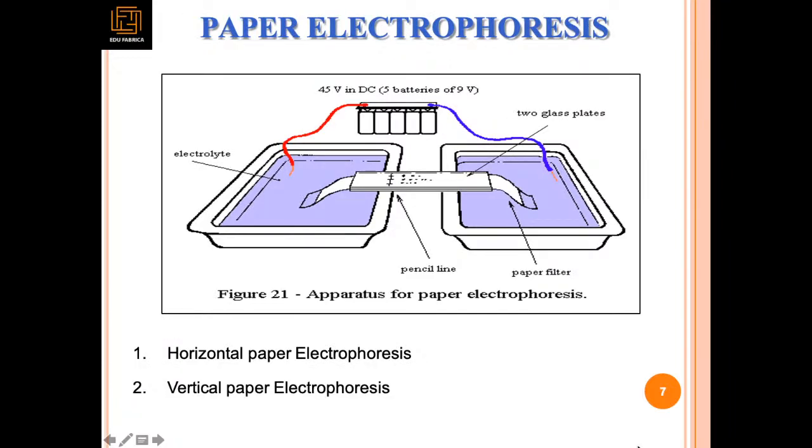First, paper electrophoresis, which is quite common, but usually we don't use it in the lab. Mostly in the lab we go for SDS-PAGE, western blotting, southern blotting, or northern blotting if you're interested in RNA. These are the basic techniques that are highly used in the lab.